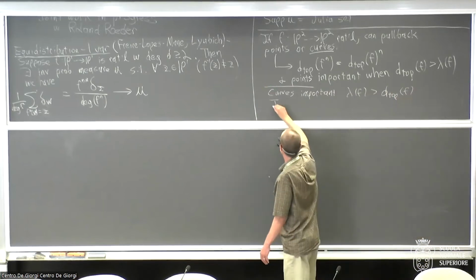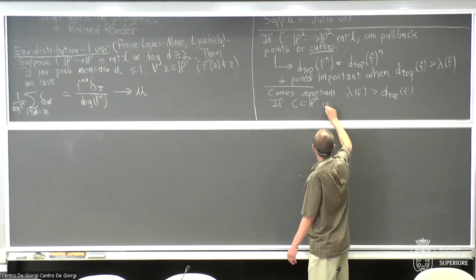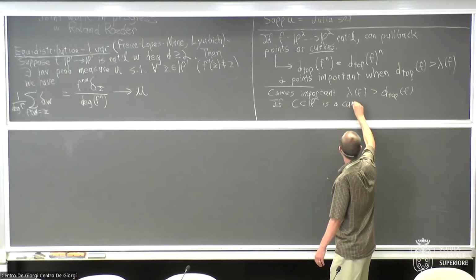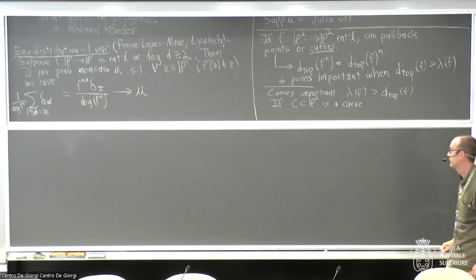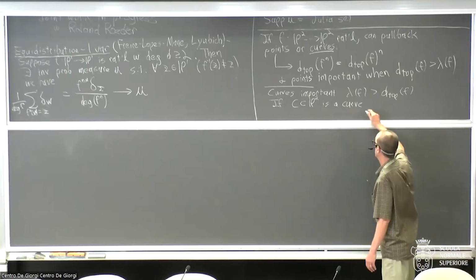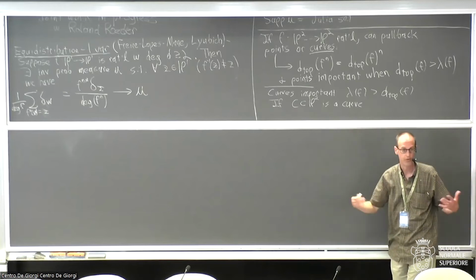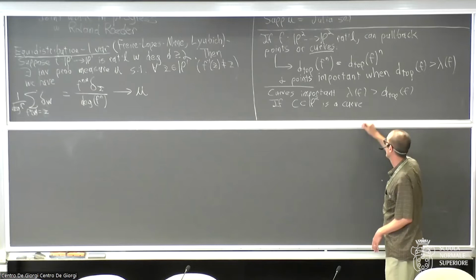And if you have a curve, one virtue of curves over points is that they're more directly related to functions in some ways. If you're in algebraic geometry, they're defined by functions, but I'm going to take Eric's potential theoretic point of view.